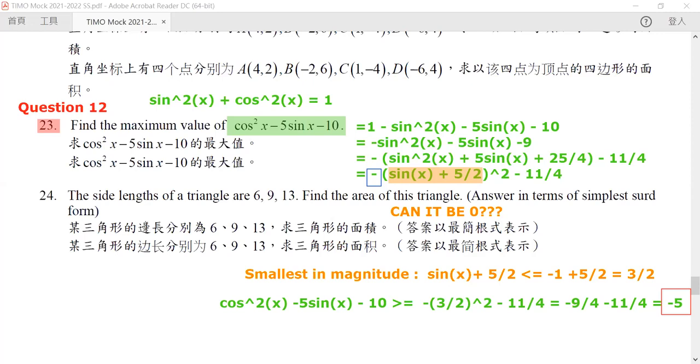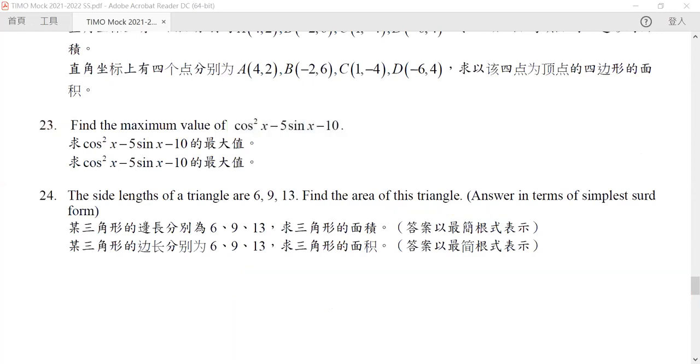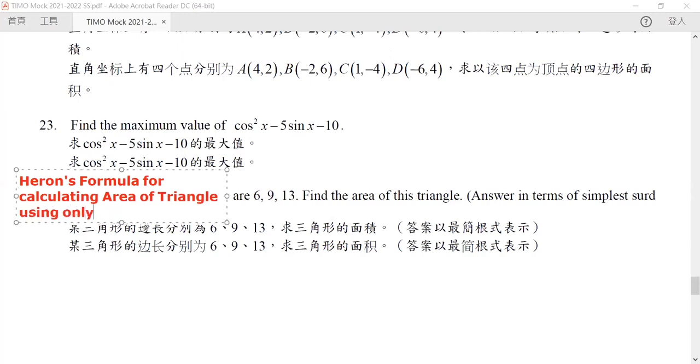So now let us go to question 24. Question 24 is an application of Heron's formula. The Heron formula is very useful for calculating the area of a triangle using only its 3 sides.